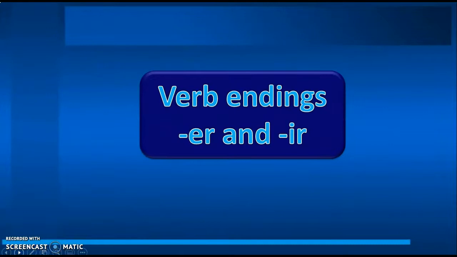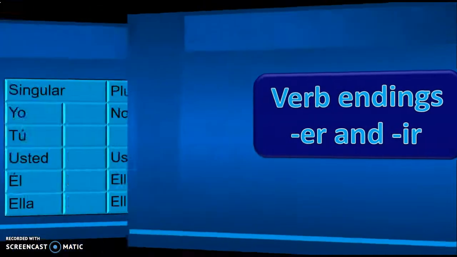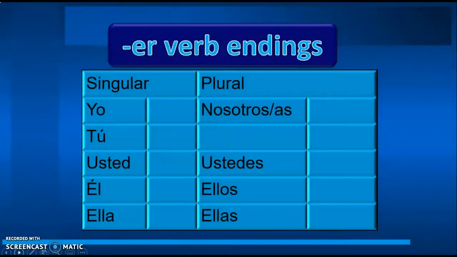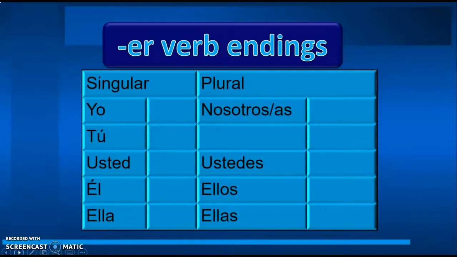So I told you that there are three classifications of verbs: AR verbs, ER verbs, and IR verbs. And each one of these classifications has a different set of endings. So let's look at the endings for ER verbs, and those are already on your vocab page that you have in front of you. For yo, if it's an ER verb, the ending is o, just like it was for AR verbs.